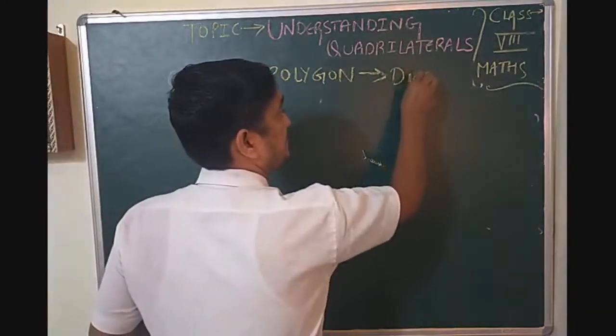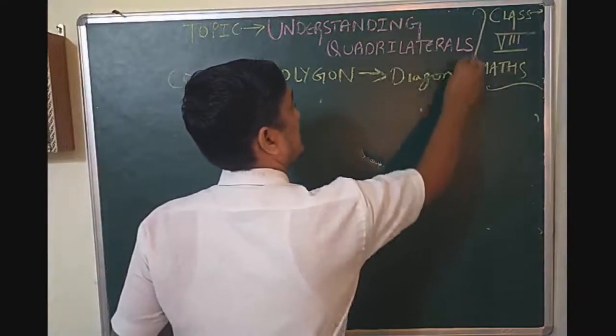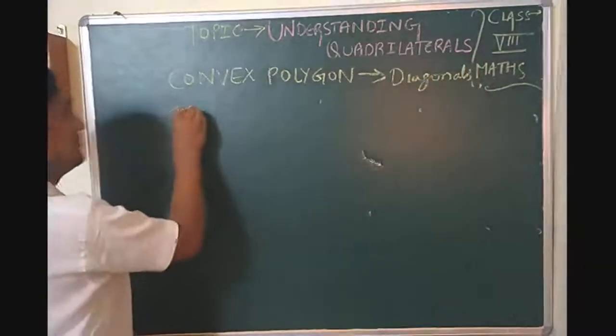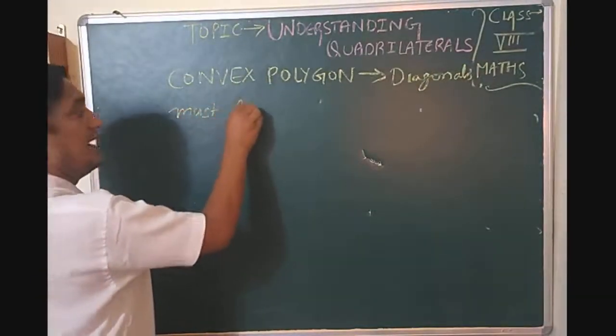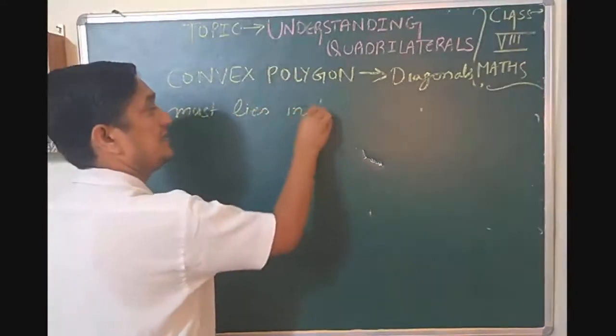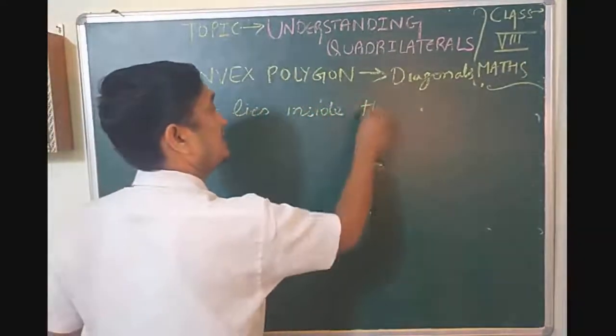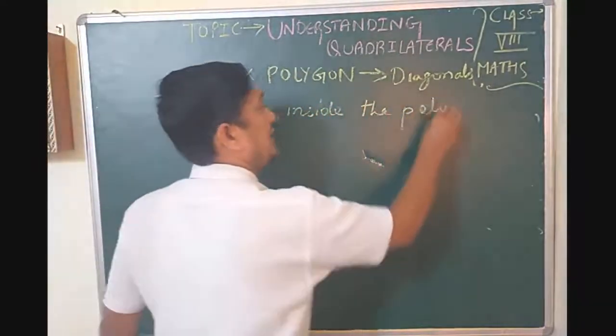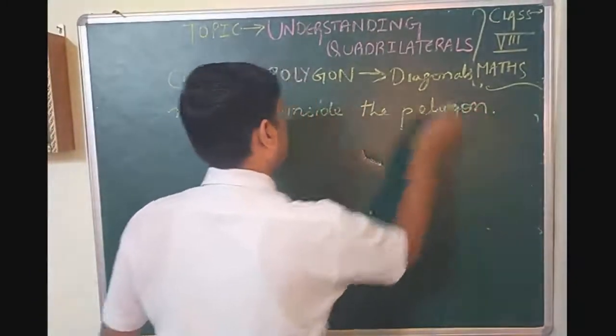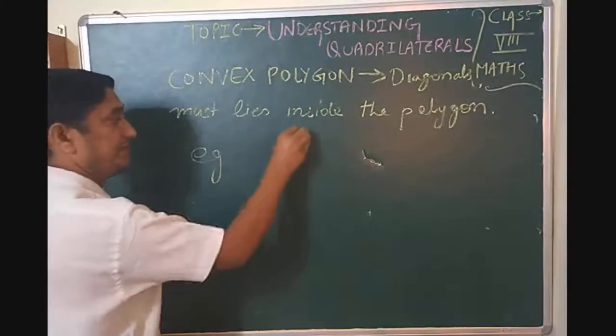Diagonals must lie inside the polygon. For example, like this.